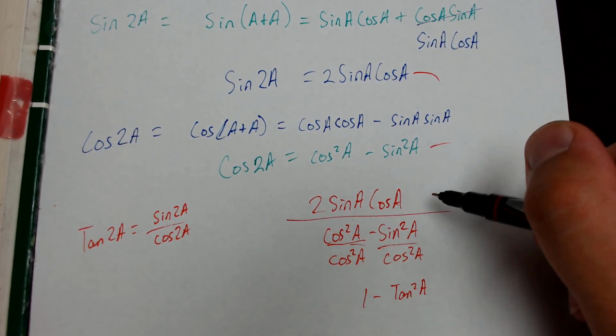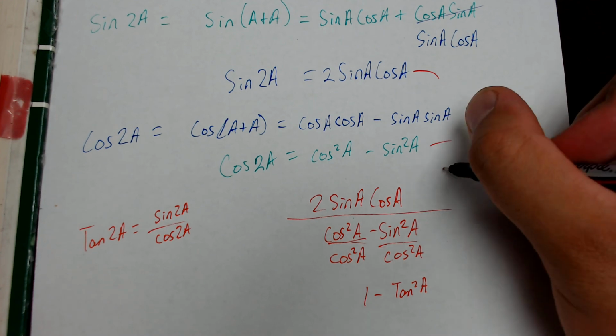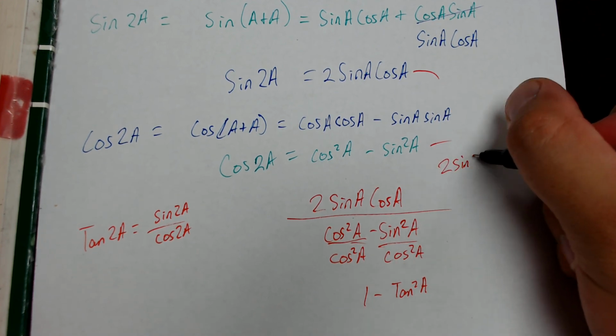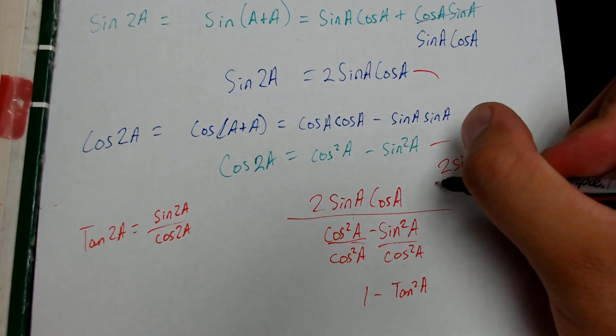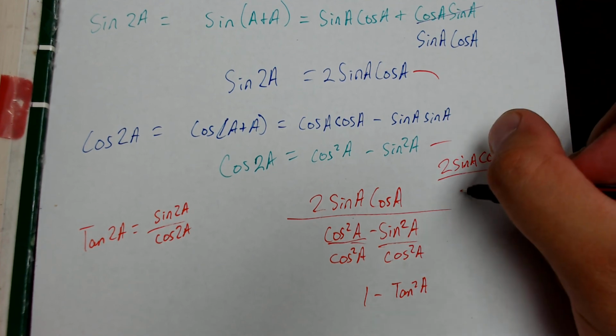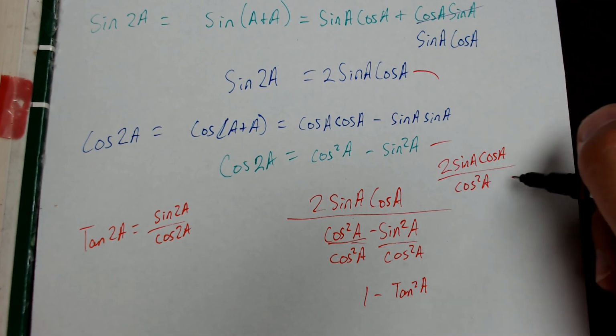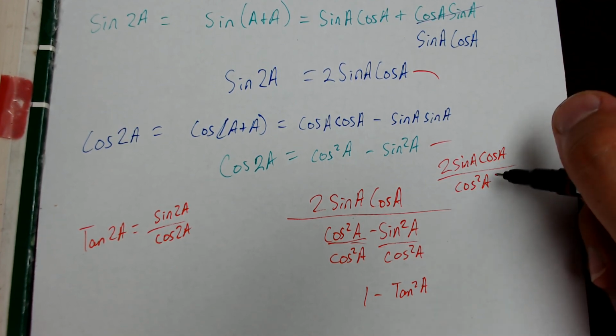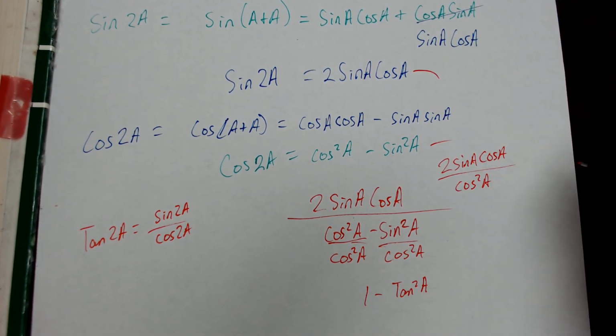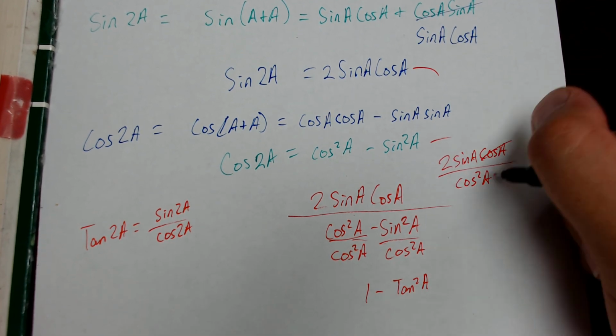Now if I do something to the bottom, I have to do it to the top. So I take the top, 2 sine of a cosine of a, and I'm going to put that over cosine squared of a. Now the problem with this is I can't cancel. Well, actually I can cancel here. I'm simply going to cancel one of these, right?